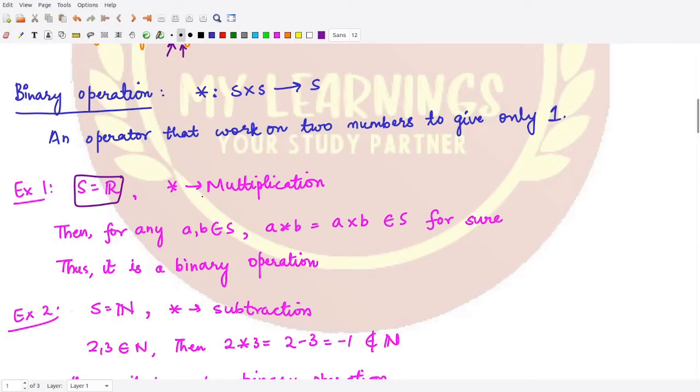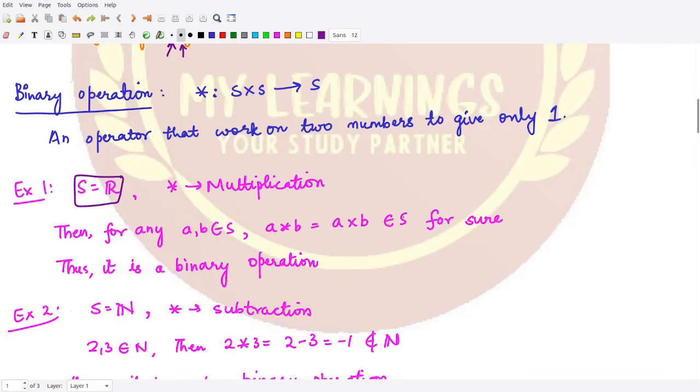Then we need to check whether it gives us a single number which is also a member of S or not. So this is our task. Suppose we consider any two numbers from S, then A star B would be A cross B in this case, multiplication. And when you multiply any two real numbers, you are again going to get a real number, right?